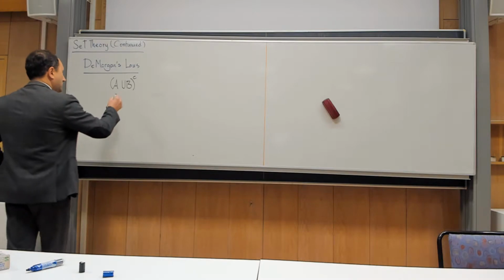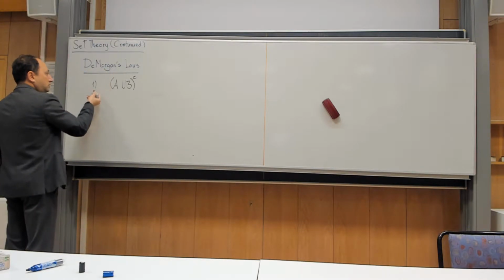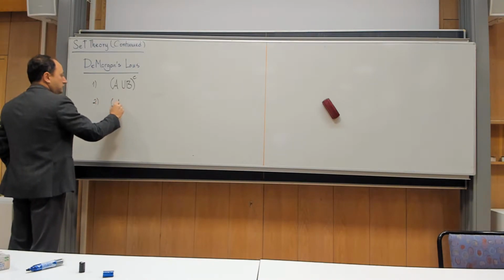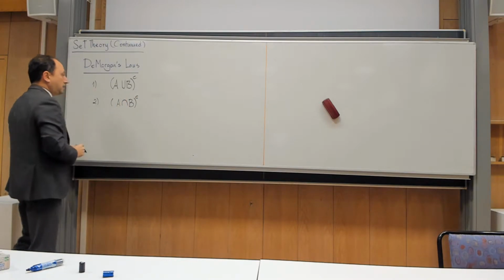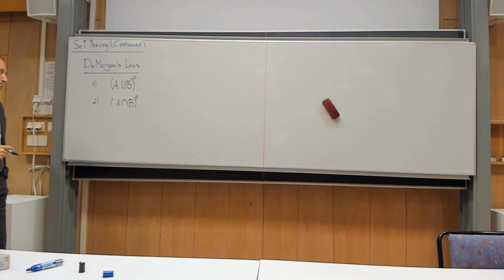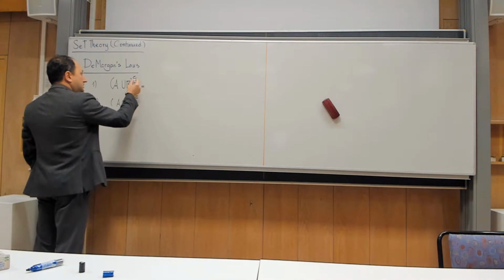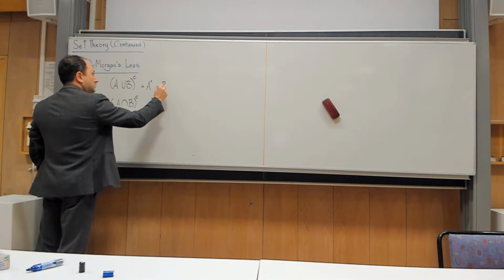So in other words, there are two laws, the DeMorgan laws. One of them I want to write here, and the other one is the same question when I intersect two sets and take the complement. The answer is that I can take the complements individually in both cases.